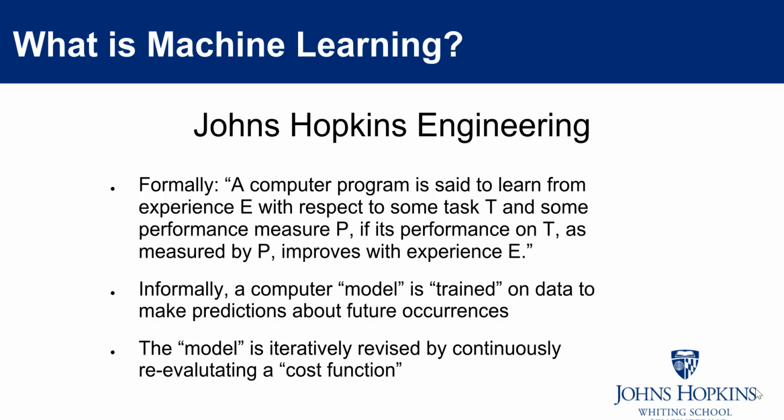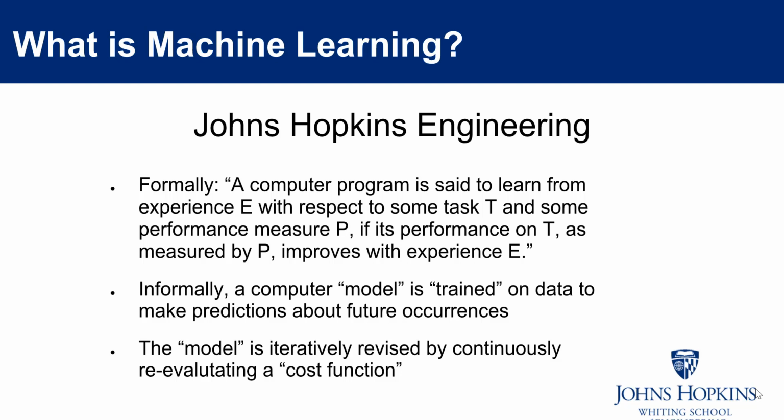The experience E, of course, is that as each day goes on, we learn a little bit more how well our algorithm did on day one. We run it again on day two with perhaps some minor modifications, and we get another performance measure there, and the same thing with day three and so on. Then we also measure the performance P. Given that our task T is to route traffic efficiently through an intersection, the performance measure P might be the number of cars that we're able to pass during rush hour.